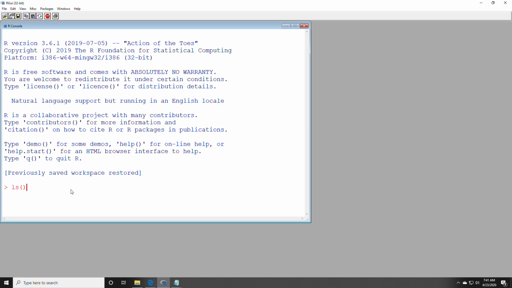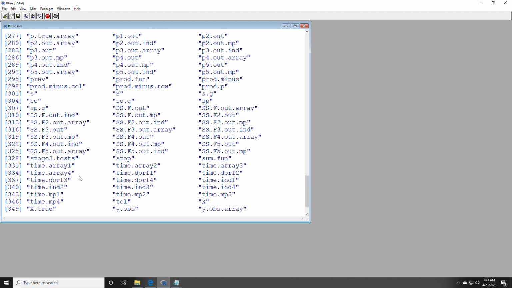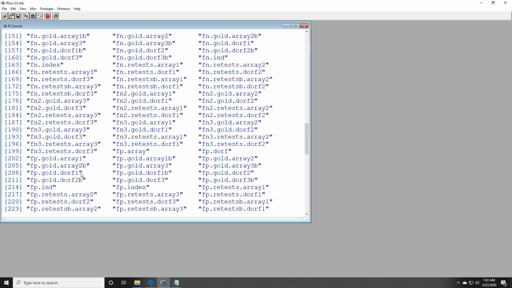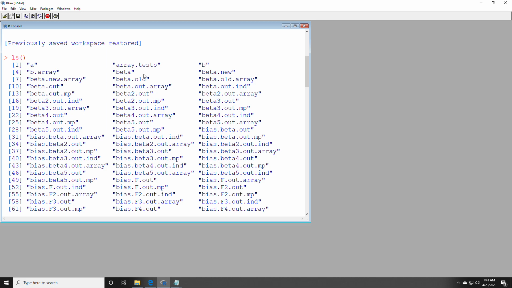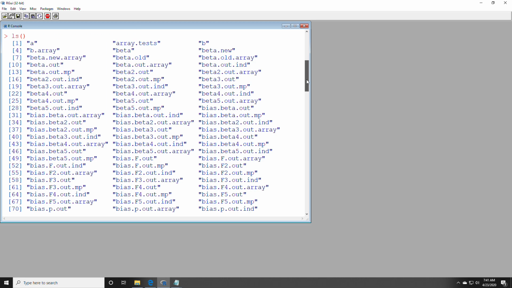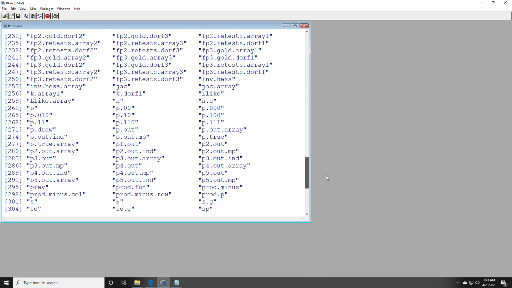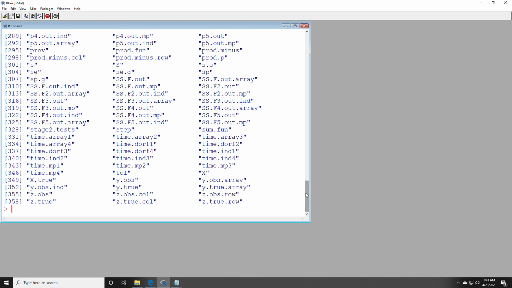If you put ls and then open close parentheses, well, you're not going to have this much stuff, but things that you've saved in the past, things that you've basically defined, you might have a bunch of stuff here. Sometimes if you try to name something the same as one of these things and you try to attach something, it could cause a problem.